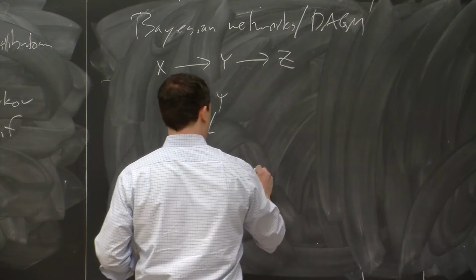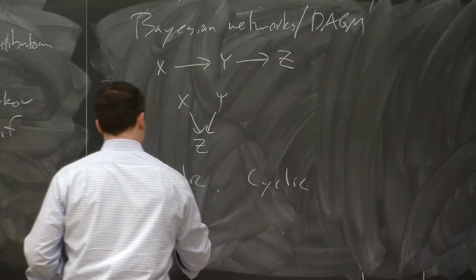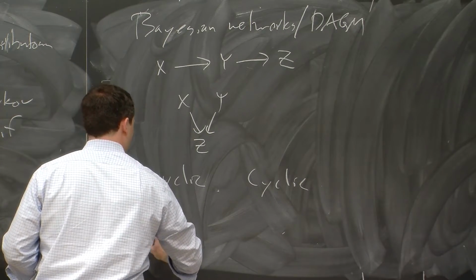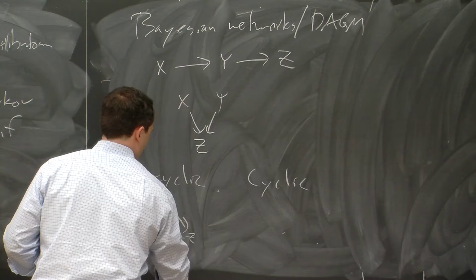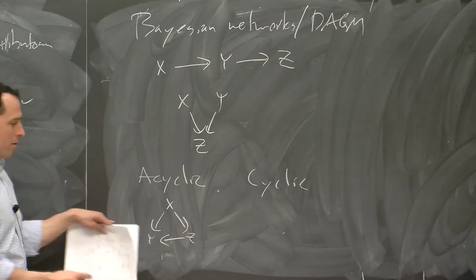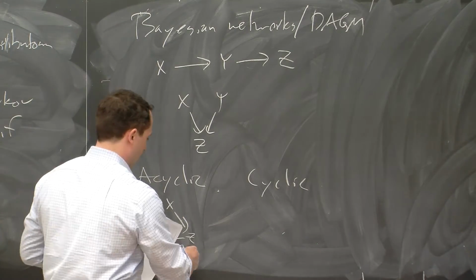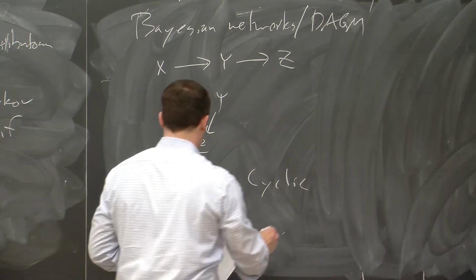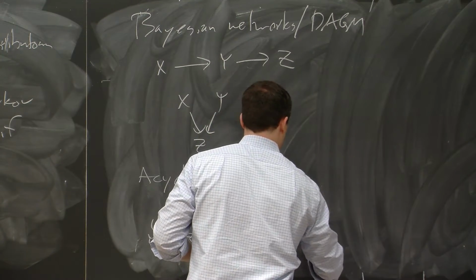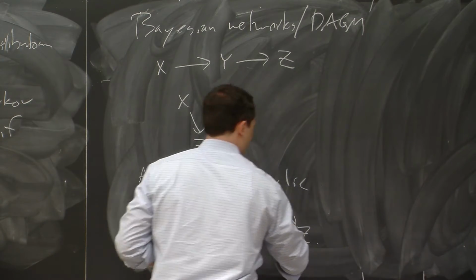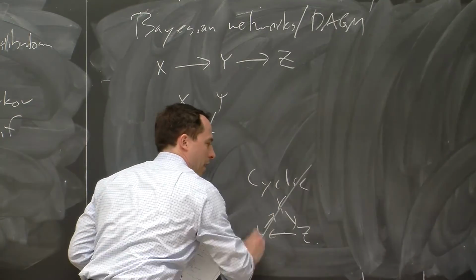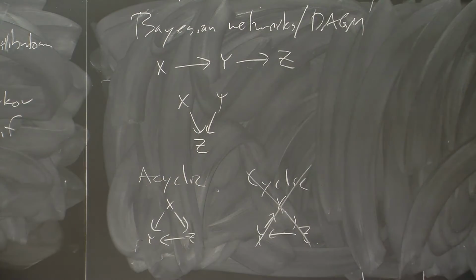So here's an acyclic graph. Even though there's an undirected cycle, there's no directed cycle. I can't follow the arrows and get back where I started. Here's a cyclic graph. These are the ones that I'm not allowing. They're disallowed.